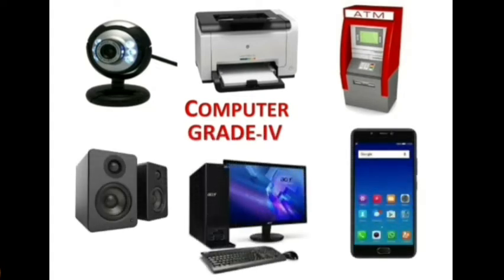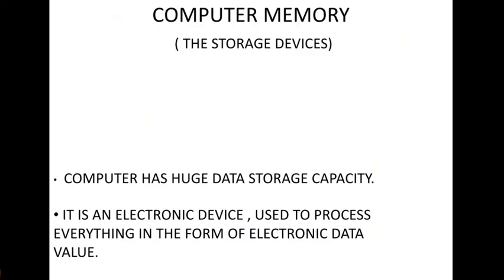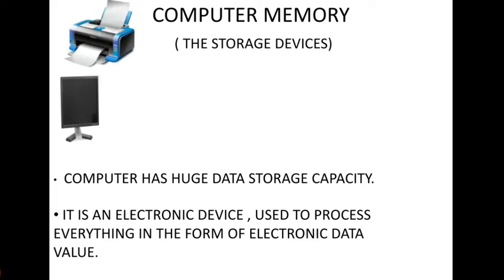So, today we will start chapter 2, that is computer memory, the storage devices. I suppose you might have learned in the previous chapter the following topics such as input output devices, which help the computer to get the data and instruction from the user, and to deliver the processed information in soft or hard form.